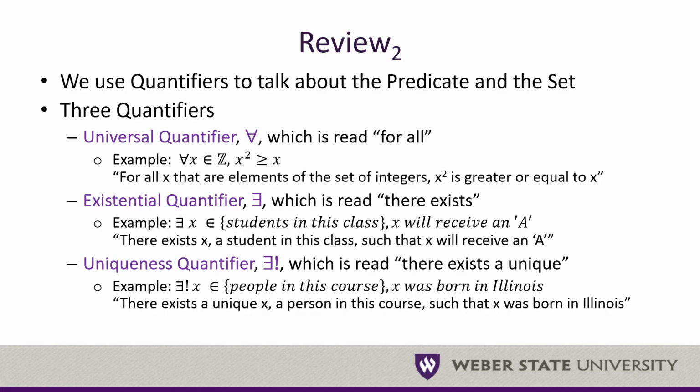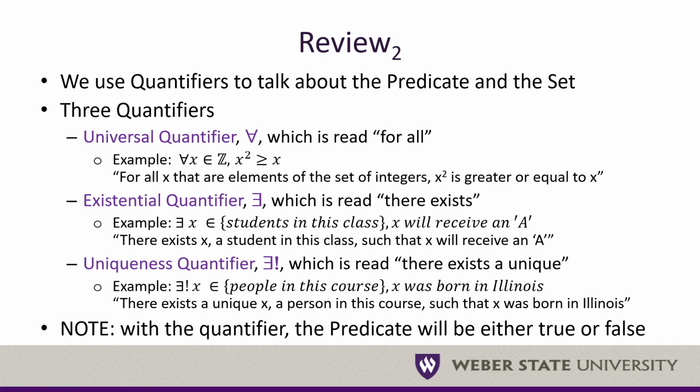And that's really all we're interested in. And with the quantifier, the predicate will be either true or false. Without the quantifier, the predicate would be P of X, the predicate that X was born in Illinois.